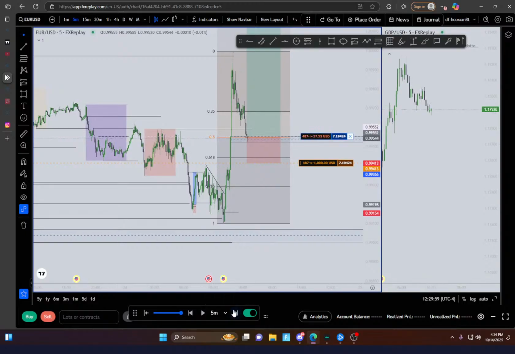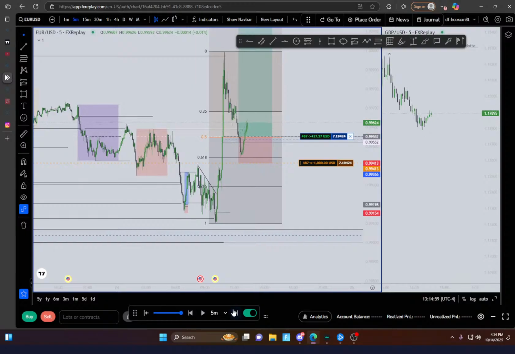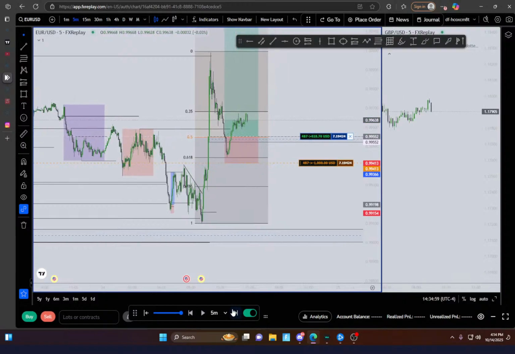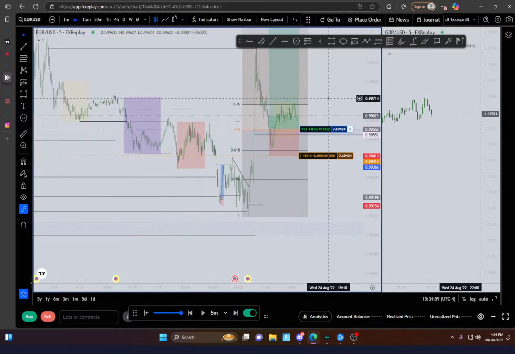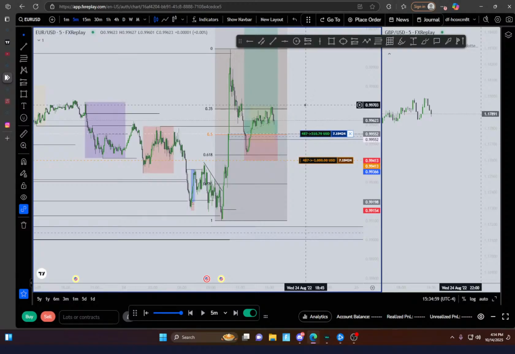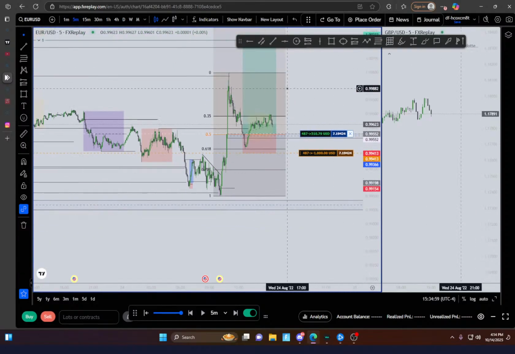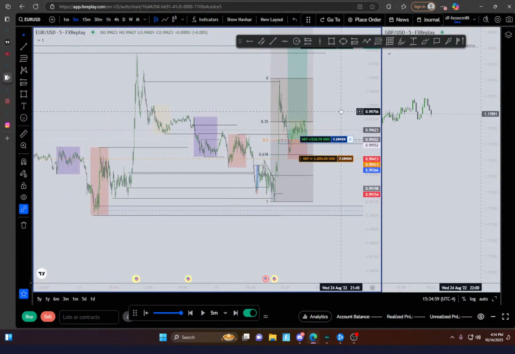That's just what I want to see. Nice tap. And then we end up going higher. Now price is efficient enough, tapping into OTE. No, we did not. But I think price might be efficient enough to continue higher.